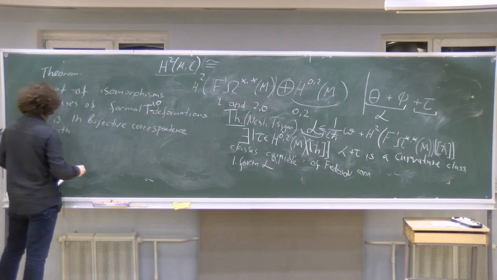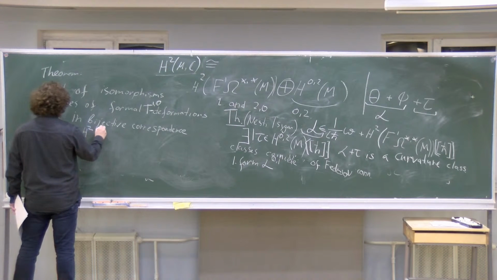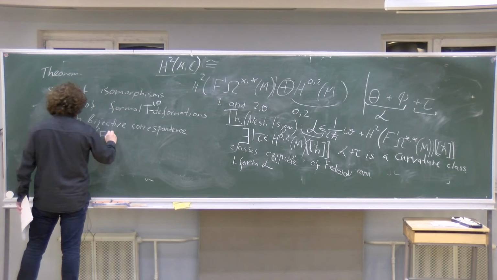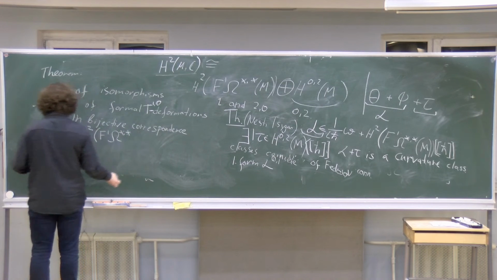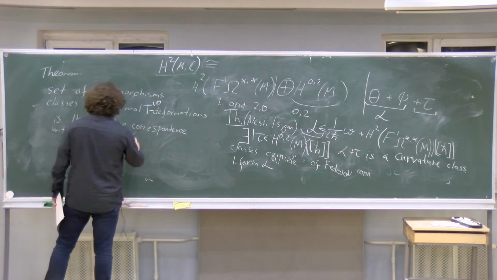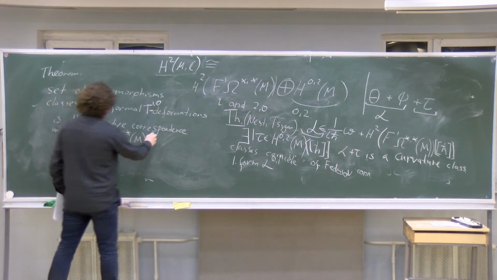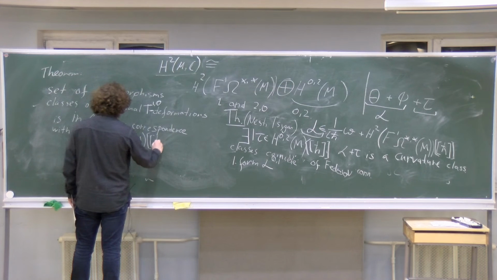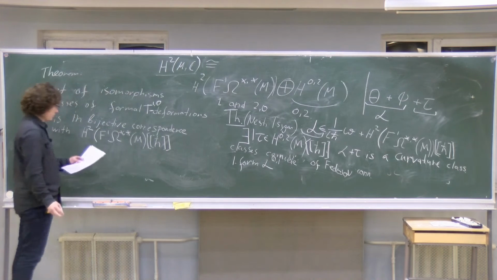In general, your bidifferential operators will contain both types of partial derivations. But when you take d over dzi bar, in the presence of holomorphic functions, they will vanish.